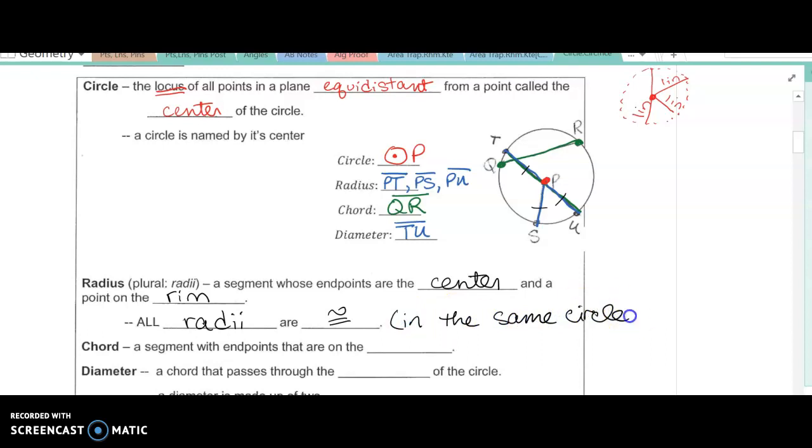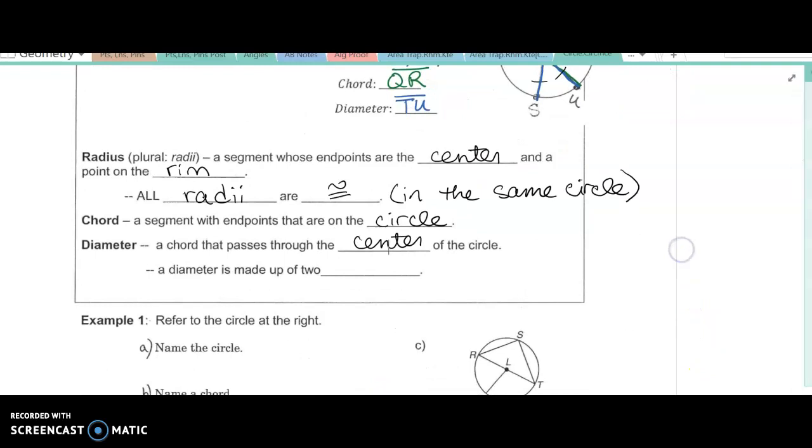And then we said a chord could be defined as a segment with endpoints that are on the circle. A diameter is a specific kind of chord that passes through the center of the circle. And a diameter is made up of 2 radii. Every diameter divided by 2 is a radius.